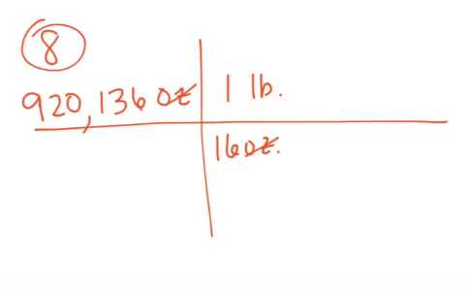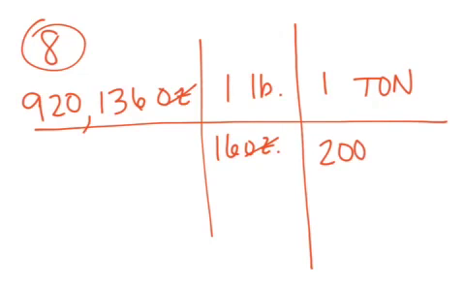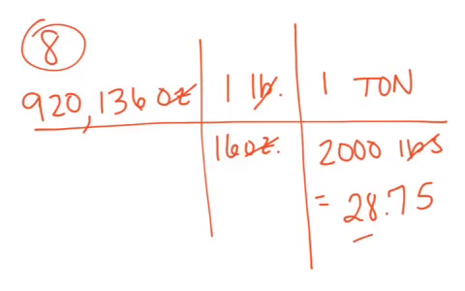That would get rid of my ounces. And I know 1 ton is 2,000 pounds. So that'll get my pounds to cancel. So my answer will be left in tons. 28.75 tons.